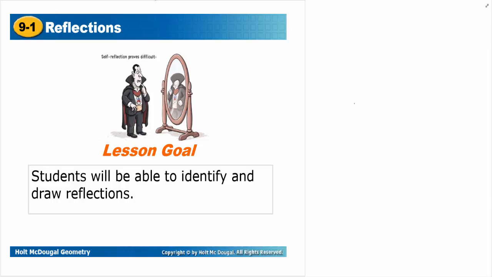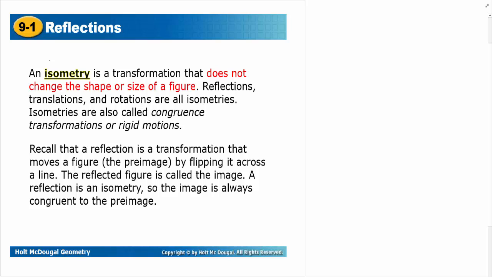So here we go. Let's move down here. Okay, so obviously we're going to have some definitions that you need to know. So one here is an isometry. You may want to write this down or highlight it in your glossary.